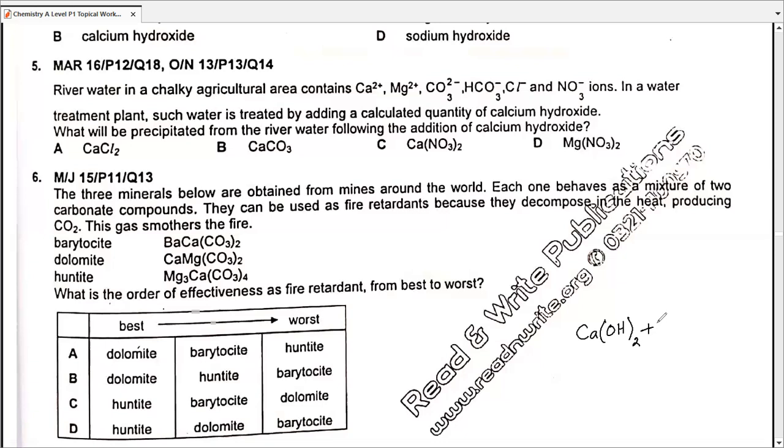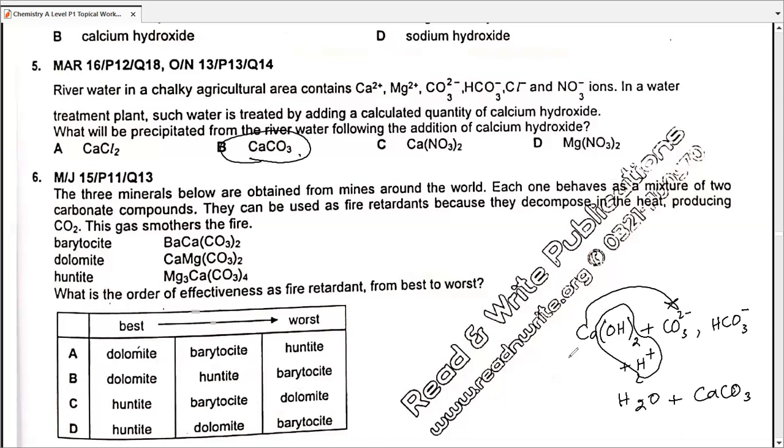And since we are going to have a good quantity of these ions, plus since the soil is acidic, this and this part is going to form H2O. These and these are going to form this, right? So this is your answer.